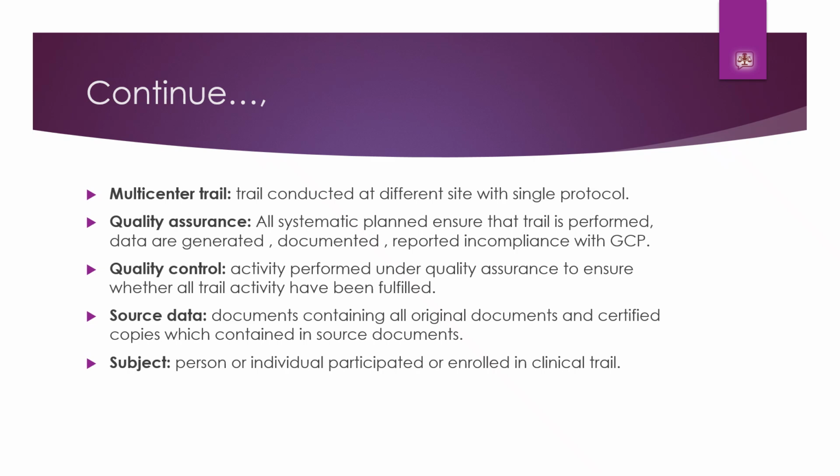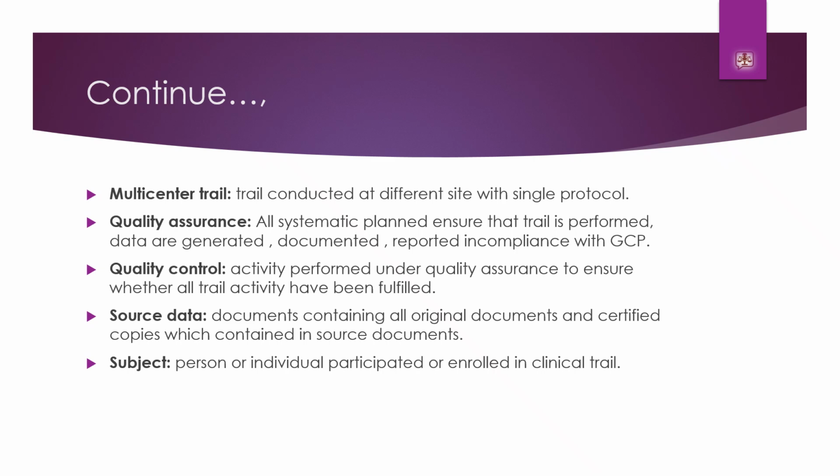So here the main difference between QA and QC is that QC people do the detection of errors. Okay, they will mainly focus on the detection of errors. When it comes to QA, people always focus on prevention of errors. So these are the things which we need to remember.